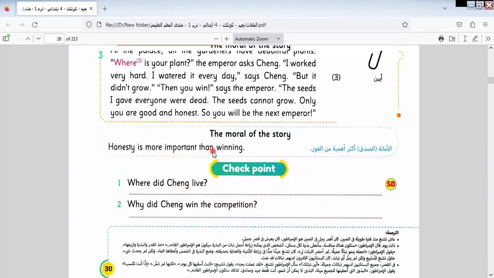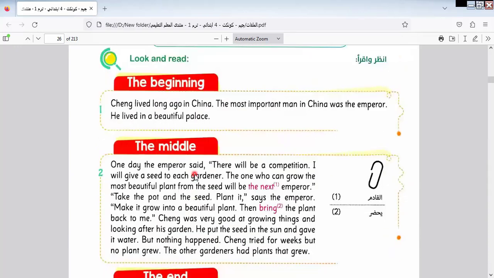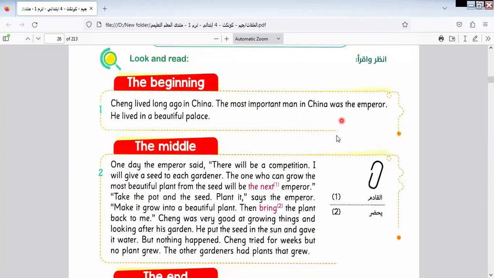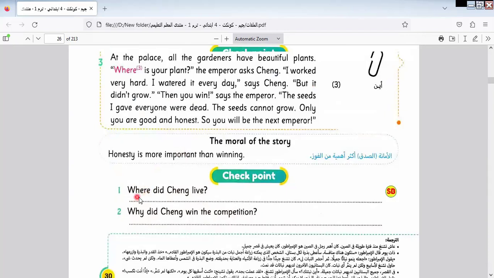Where did Qing live? Let's get to know. Lives in what? Qing is an emperor, so he lives in what? He lives in a palace, in a beautiful palace. Here we are asked about what? About place. We must know this to answer the question correctly.